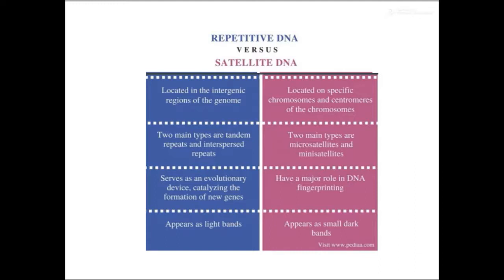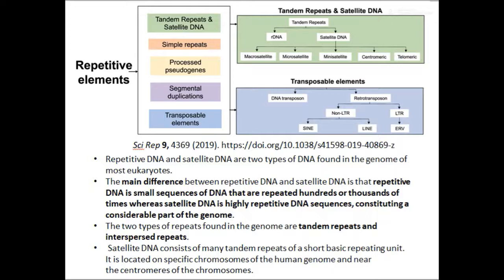Keep in mind that for the process of DNA fingerprinting to happen, there exist certain differences within the DNA, and these differences are mainly constituted by these repetitive elements. There are different types, but the most important among them are repetitive DNA and satellite DNA.